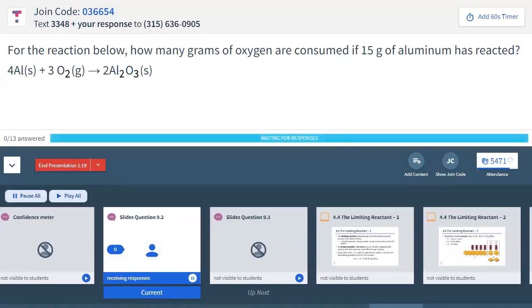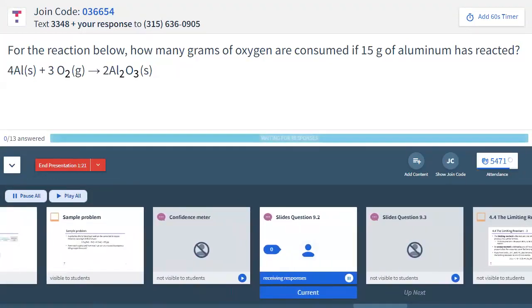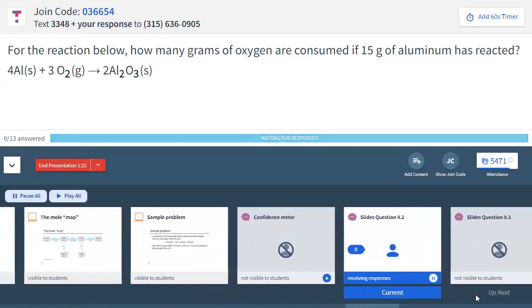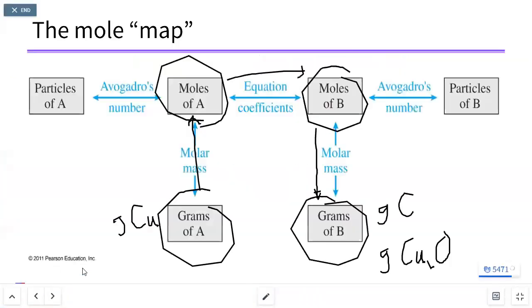So just as a reminder from an organizational standpoint, this is what we're looking at. Only difference here, we're going to put in grams of aluminum and grams of aluminum oxide as our points here. But the idea is the same.